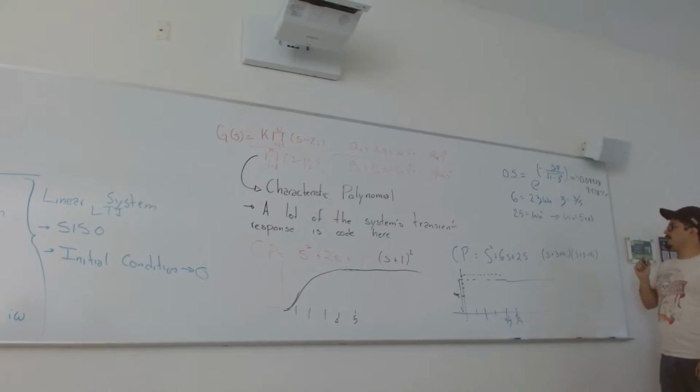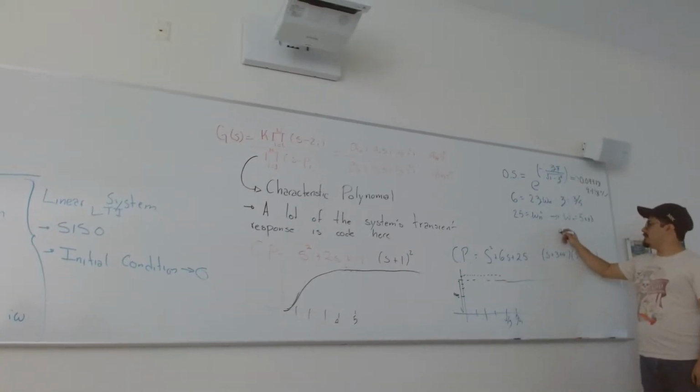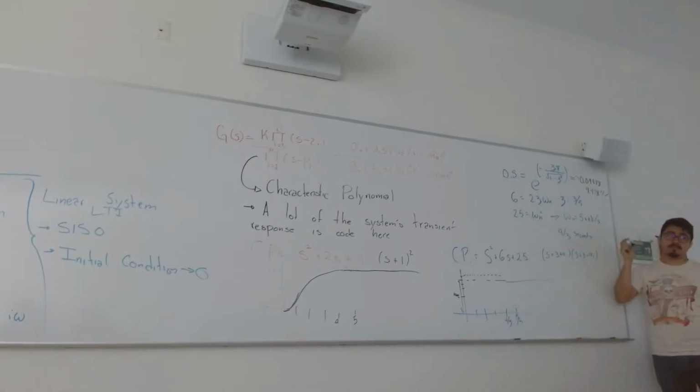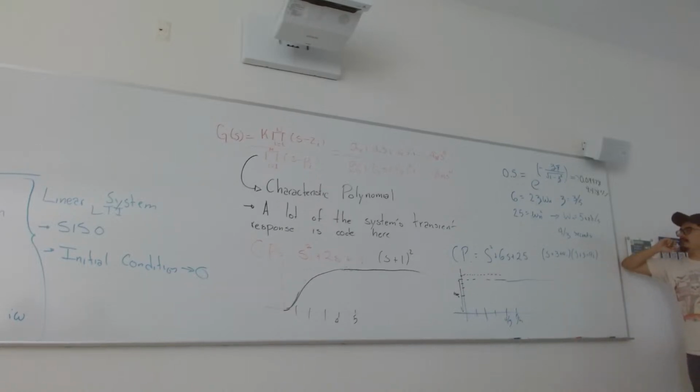Okay, so in 4 over 3 seconds, if I'm moving at a speed of 5 radians per second, how many radians would I be moving in that time interval? 20 over 3, that's almost 7. 6.666 radians.